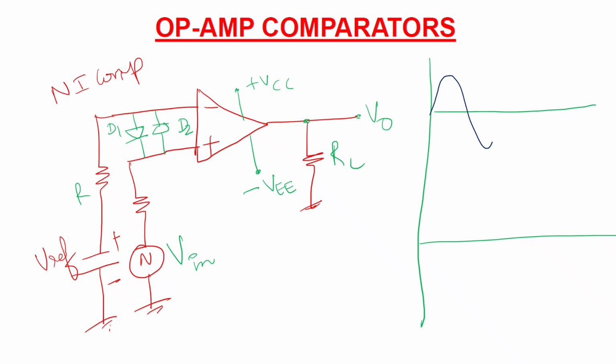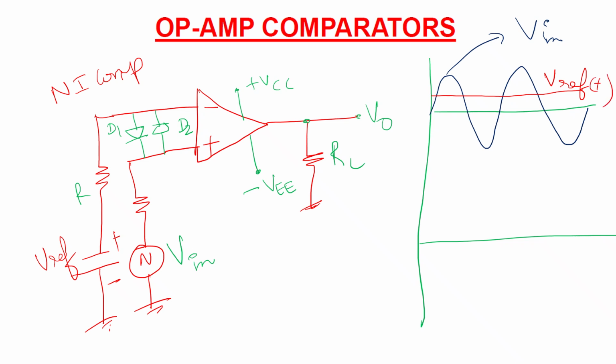This is the input signal, Vin, and the reference voltage is a positive voltage. How will the output of the comparator be? The comparator compares the input signal with the reference voltage.